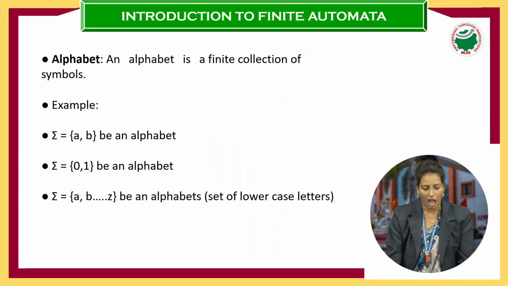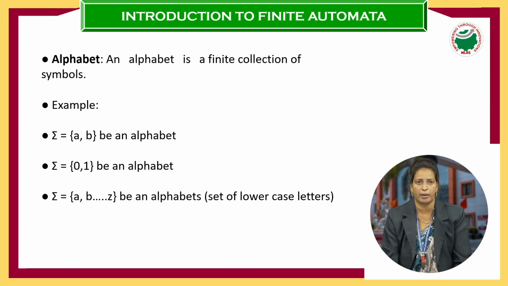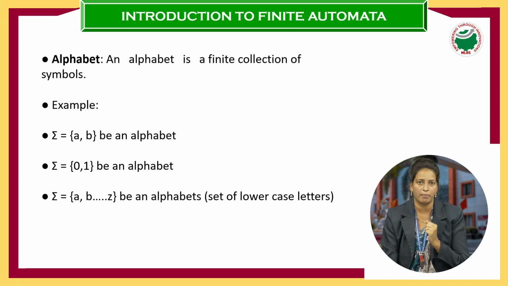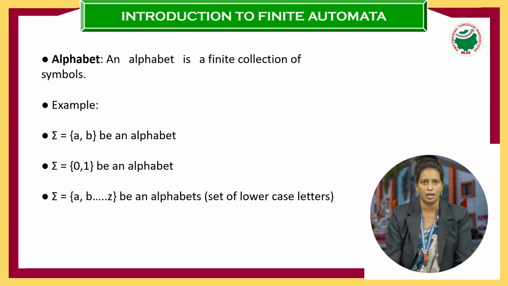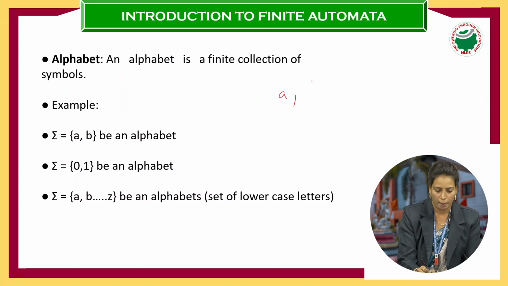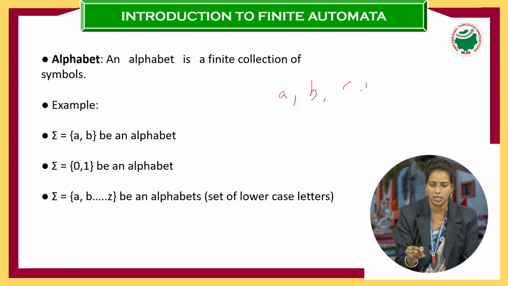Next one is the alphabet. An alphabet is nothing but a collection of symbols. For example, A is one symbol, B is one symbol, C is one symbol.